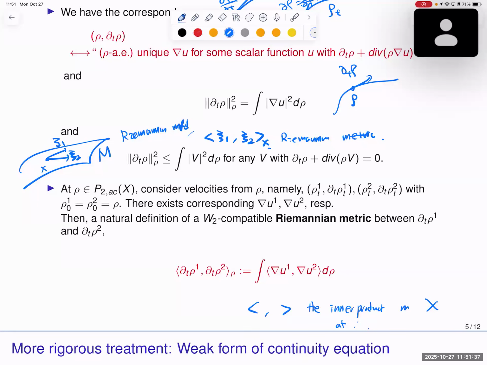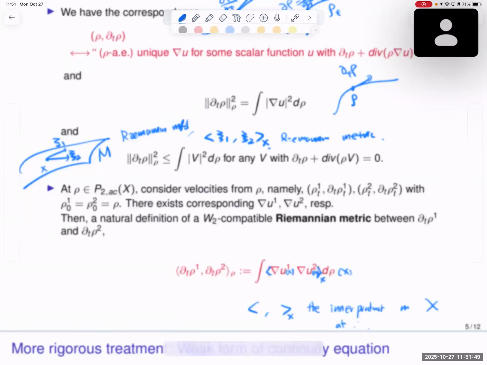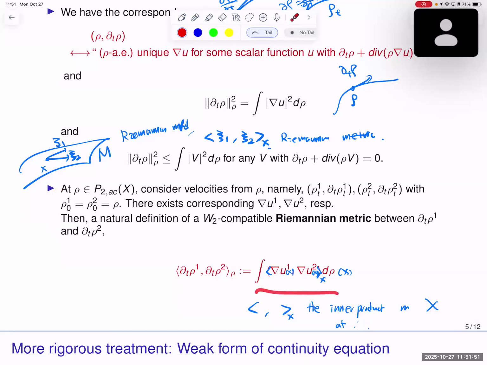At each x, this inner product depends on x, and you have x here and x here. If you want to consider a more general Riemannian manifold, but I just wrote this with Euclidean space in mind, so this notation doesn't matter, but to be more precise, I should write it this way. Okay, question. So this is the metric.